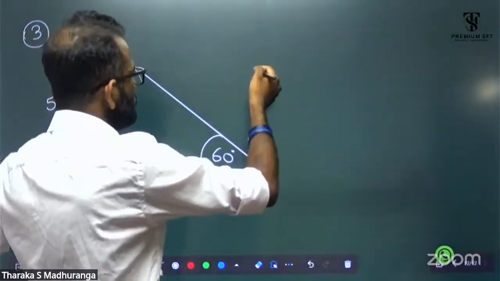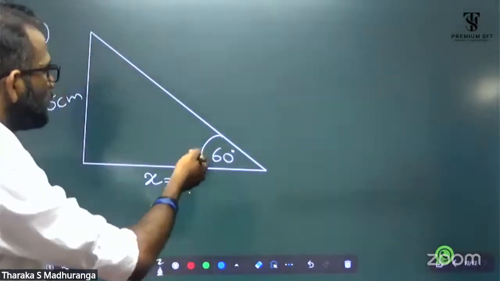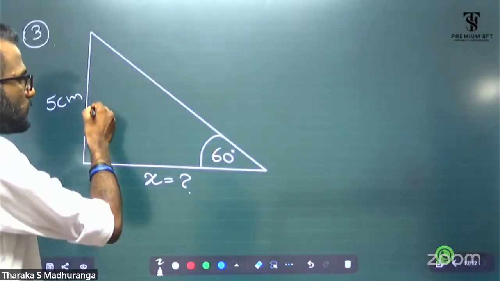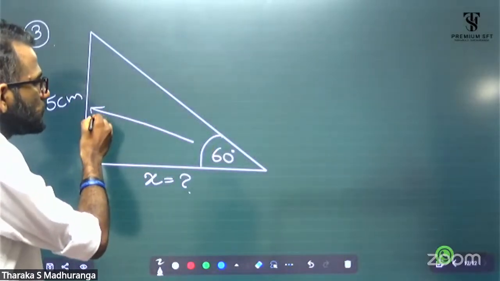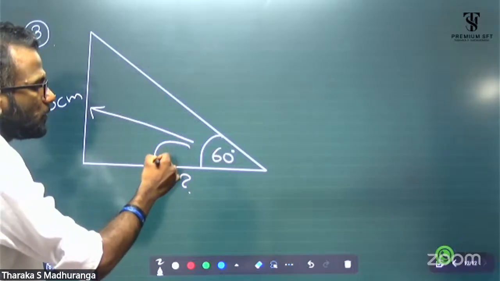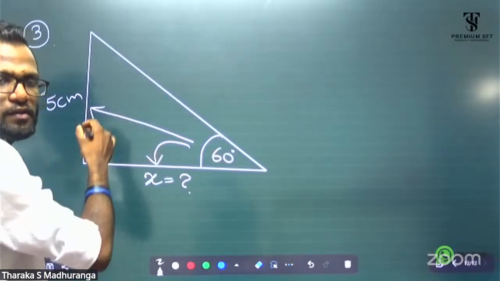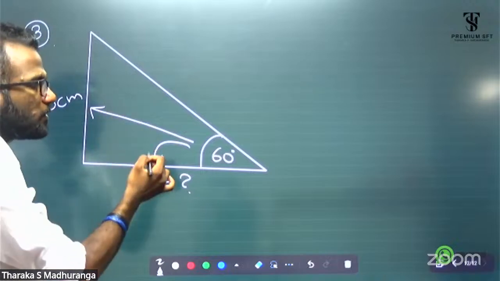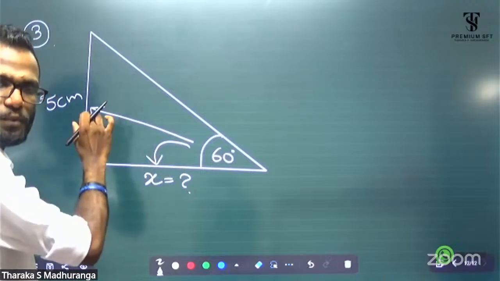How do we get this? Now this is opposite. The given side is opposite. What do I need to get? If I only need the adjacent one, then you can get the relationship between opposite and adjacent.